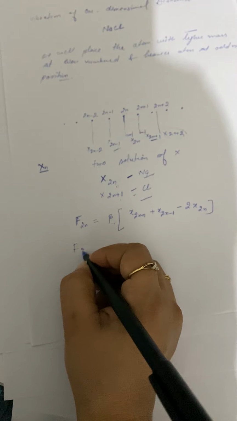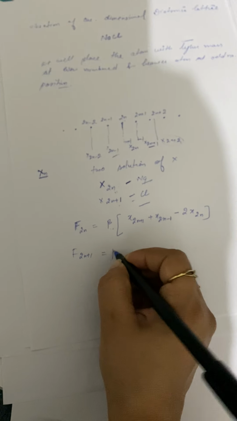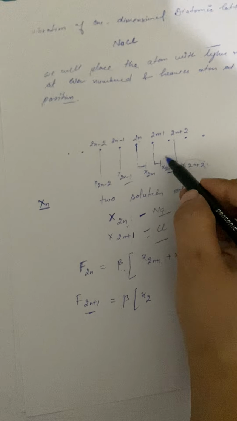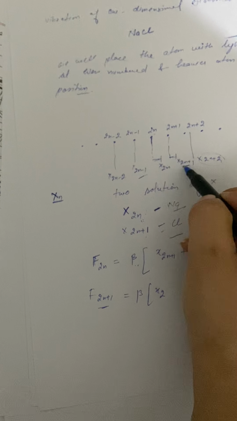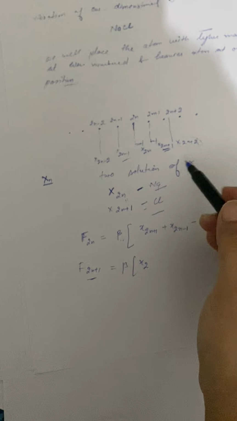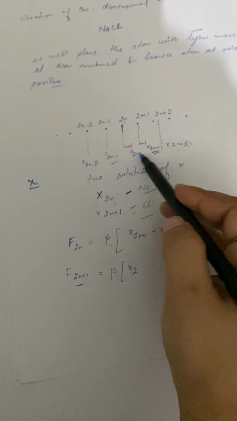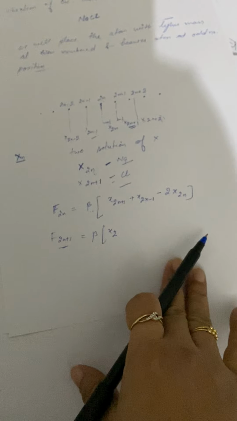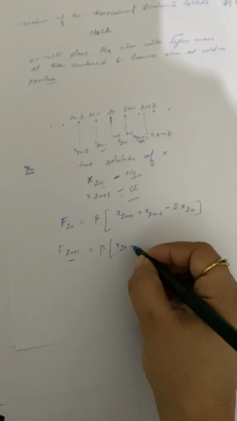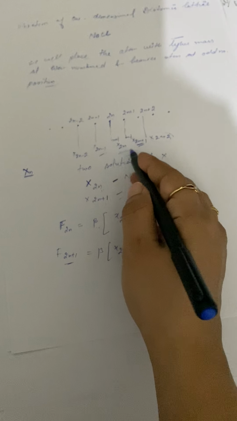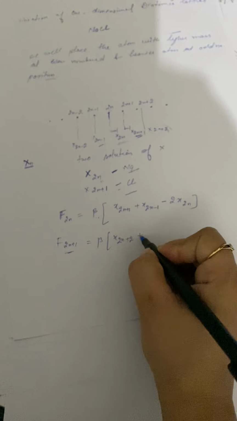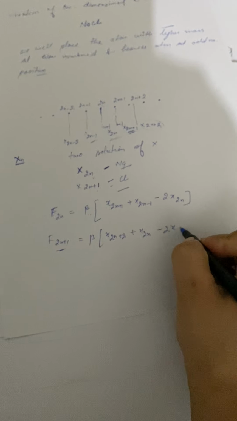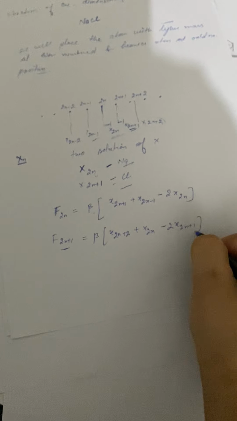Similarly for f2n plus 1, it will be beta times, in the nearby area of this 2n plus 1 atom, we have the 2n plus 2 atom, and on the left hand side it has x raised to power 2n, minus twice of x 2n plus 1.